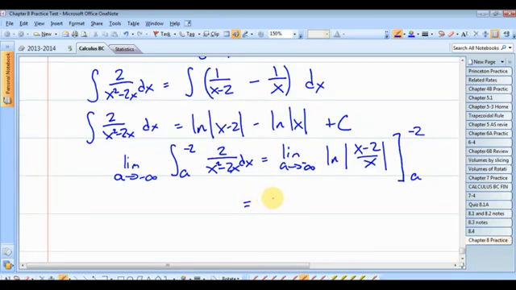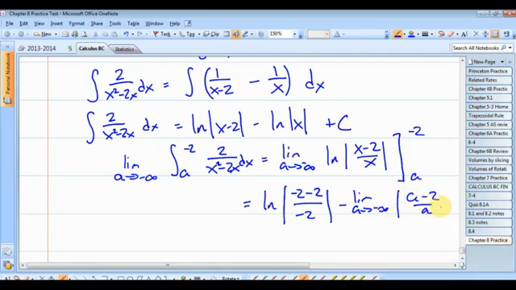Plug in. This is the natural log of negative 2 minus 2 over negative 2 minus the limit as a approaches negative infinity of the natural log of a minus 2 over a. I forgot the natural log.